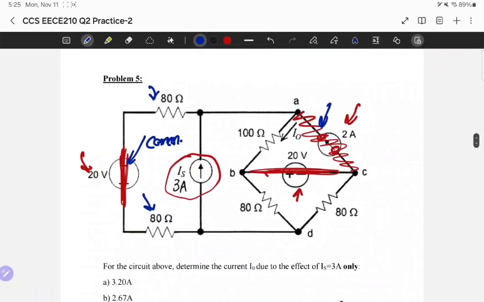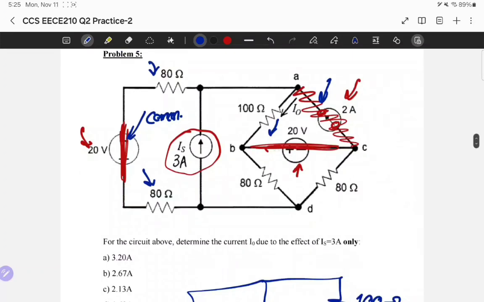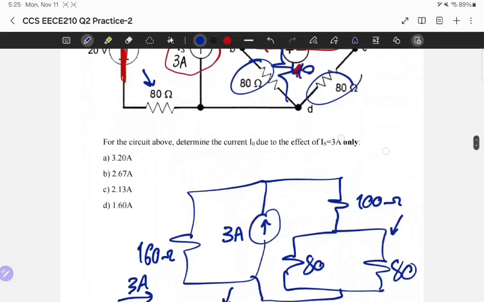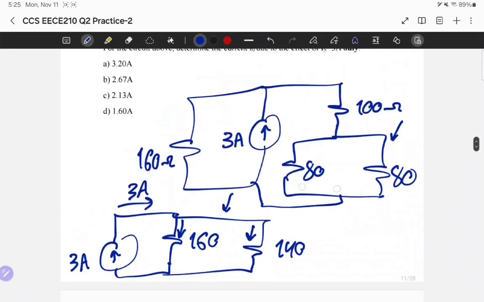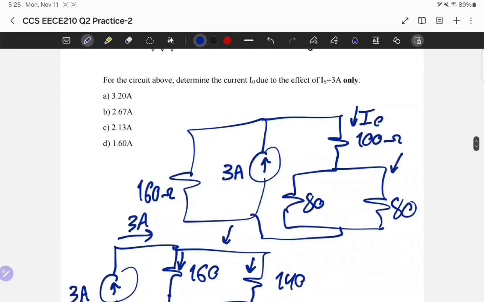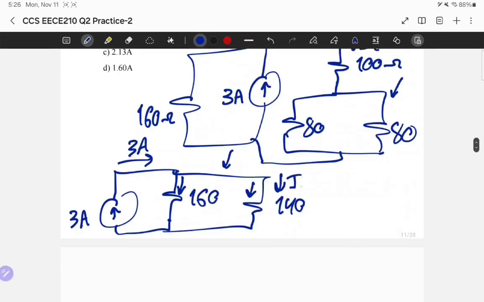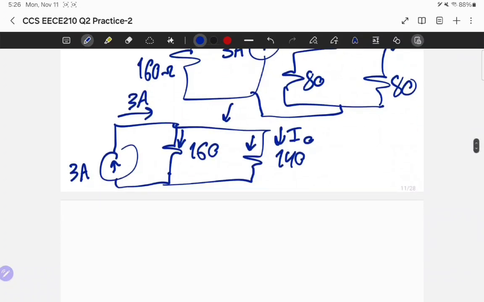So I need to find I0. Remember, I0 is the current flowing through the 100 ohm resistor, and with the 100 we had 40 in here after combining this and this. So this is the current passing through this branch, this is I0. Now, how do I get I0 by current divider? Simple.